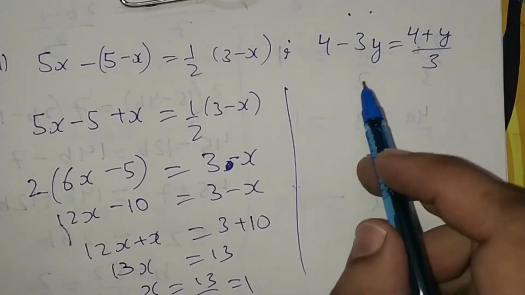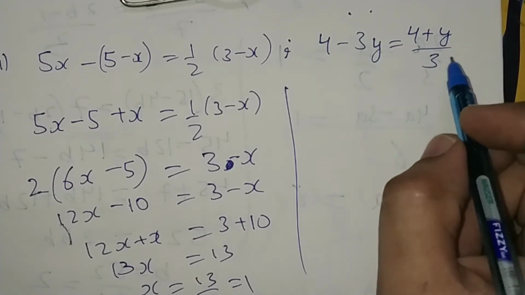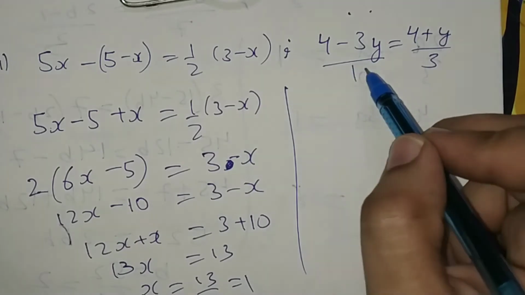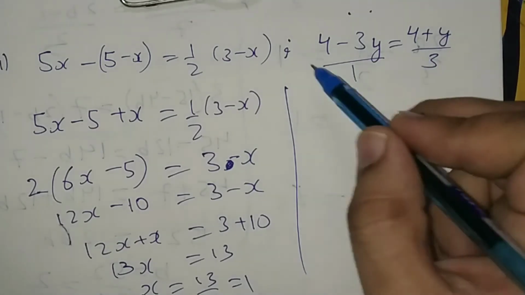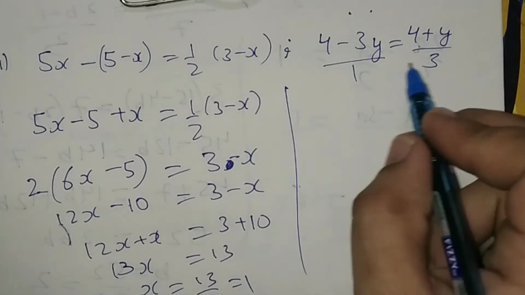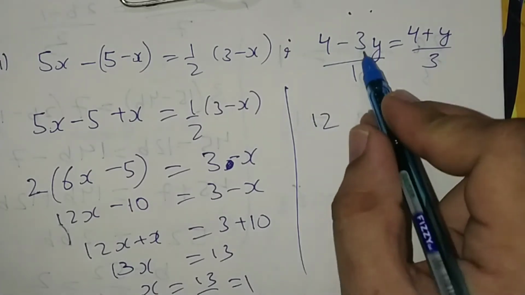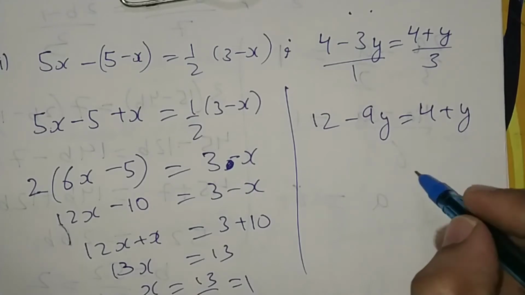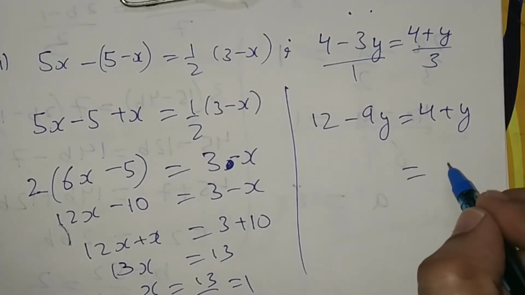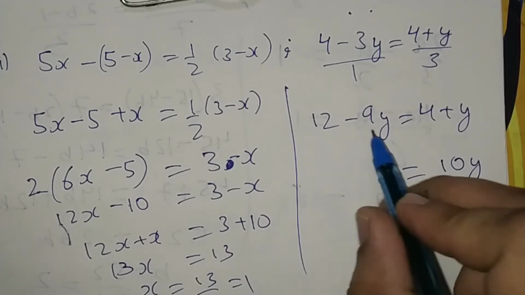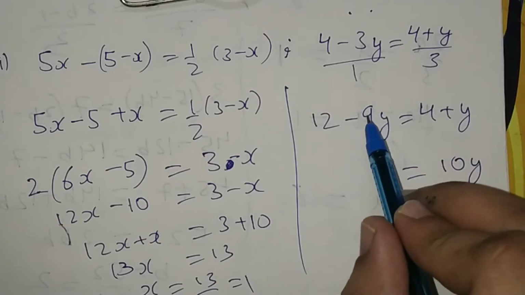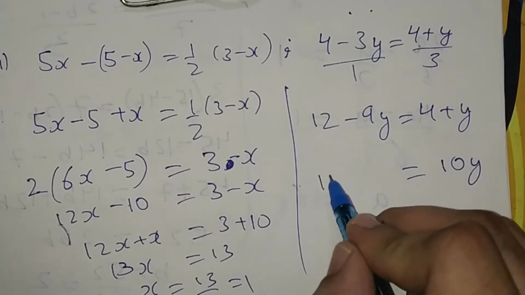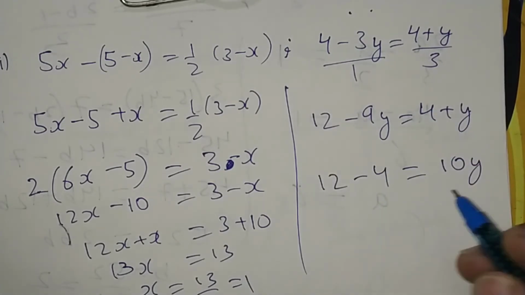Now we will be solving the second part. Let 1 be its denominator. Now cross multiply. 4 threes are 12 minus 9y is equal to 4 plus y. When we take this negative 9y to that side, it will change to positive. 9 plus 1, 10y is equal to 12 minus 4.